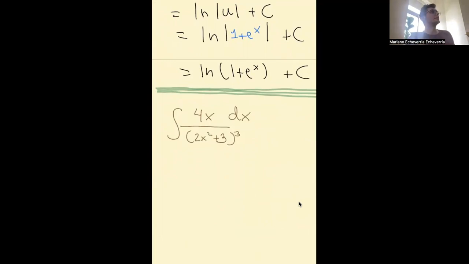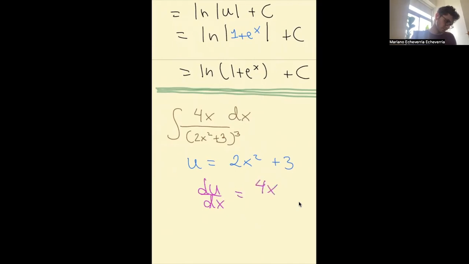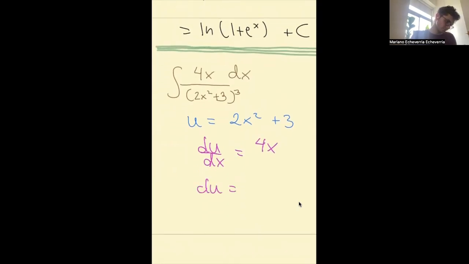Yeah, you kind of have to realize that the derivative of what you're saying also appears inside the integral. So that's why it's a good idea to try that first. So if you start there, you get that.